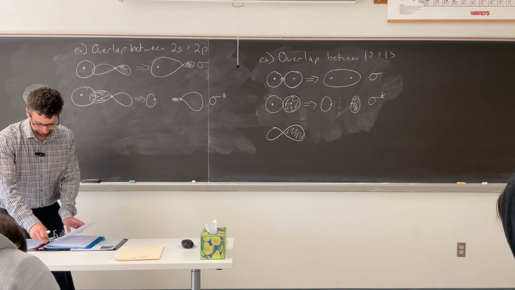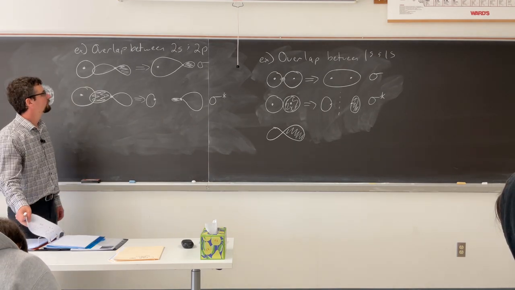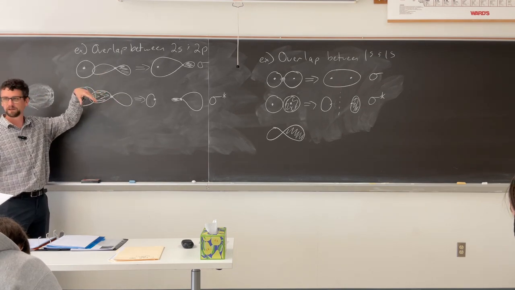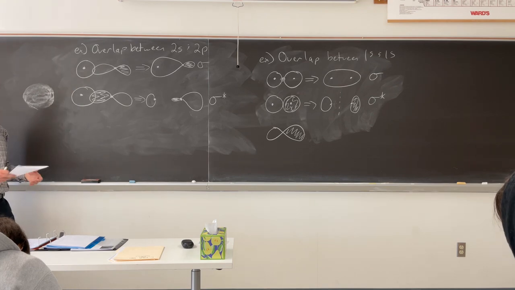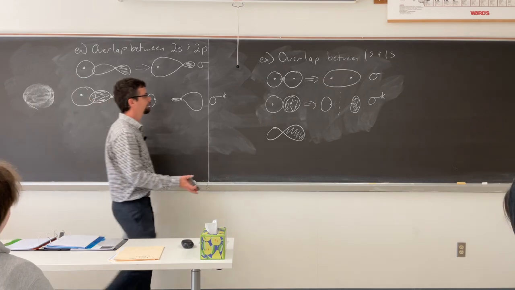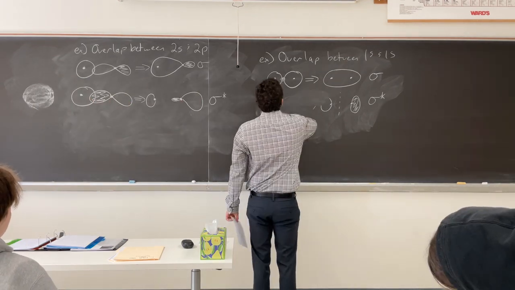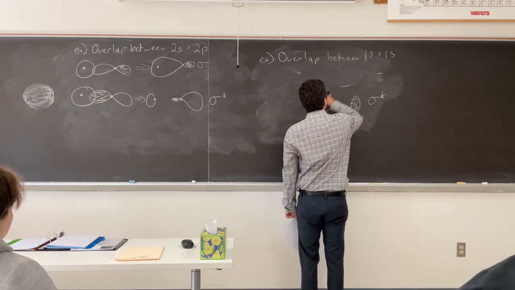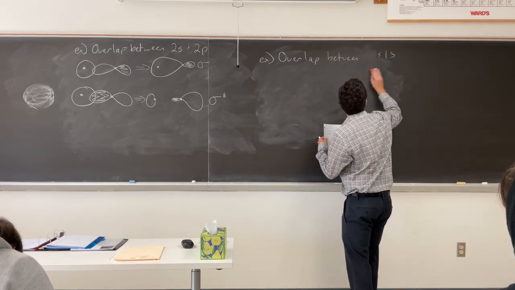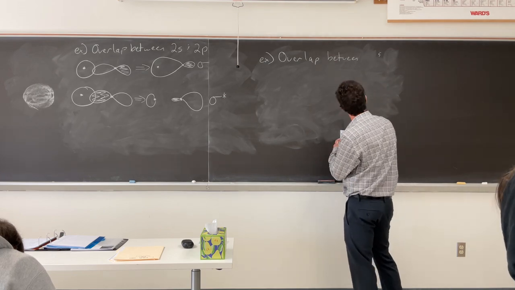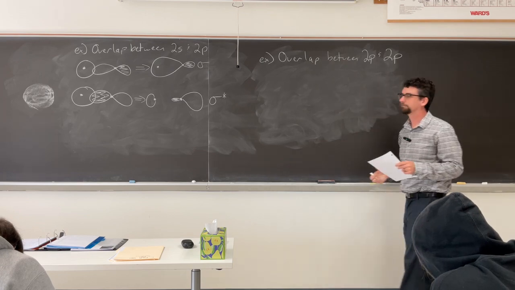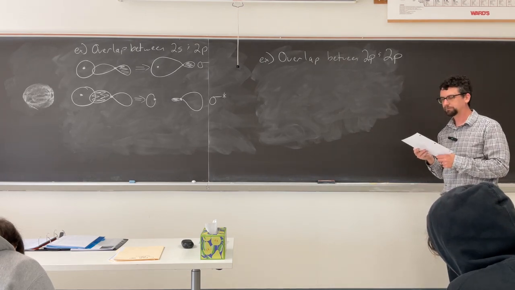Let's keep moving on. So we could have an overlap of sigma between a 2s and a 2p. Could be different p orbitals too. Could be a 3p. Could be a 1s. There's differences there. Let's consider the overlap between a 2p and another 2p.